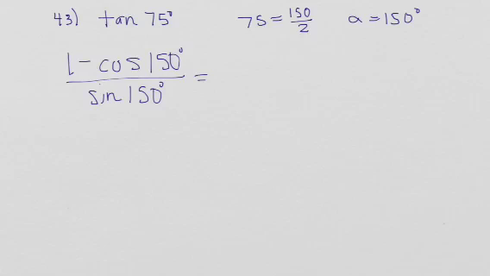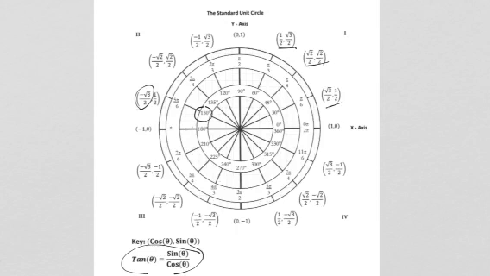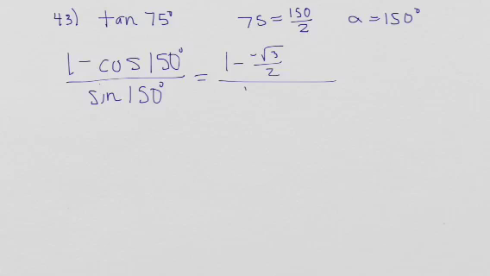So if I'm doing this one, again, we just found out a minute ago that the cosine at 150 is negative square root 3 over 2. And if I go back and do sine at 150, you can see that that's 1/2. So not pretty, but we could do some work.